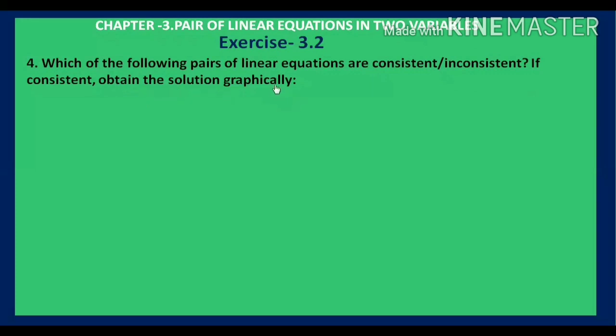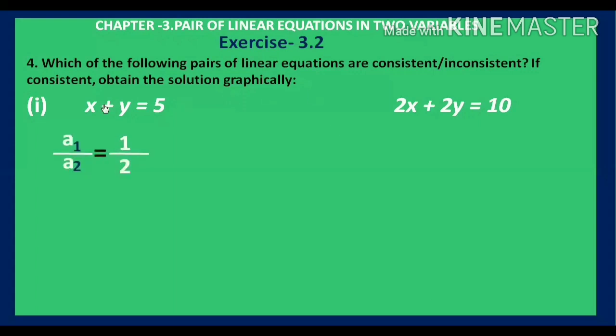Two tasks: first check whether the system is consistent or inconsistent, and if consistent then find the solution. To check, we first need the ratios a1/a2, b1/b2, c1/c2. Then we can find out whether the system is consistent or inconsistent.